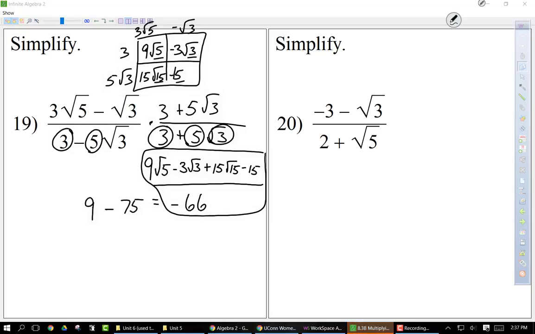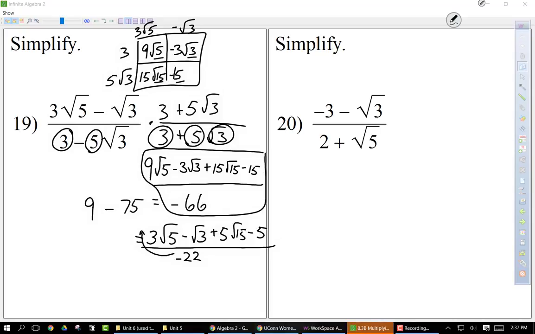Oh, am I done? I'm actually not done. I can divide all of these by 3. So my answer is 3 root 5 minus root 3 plus 5 root 15 minus 5, divided by 3, over negative 22. Now, if you want to be more specific, I don't like negatives in my denominator, so this negative can pop up.